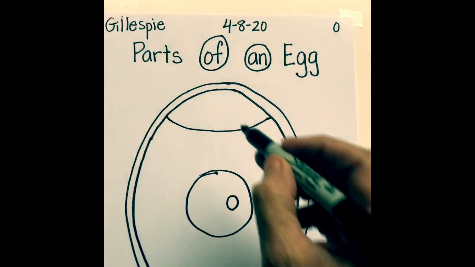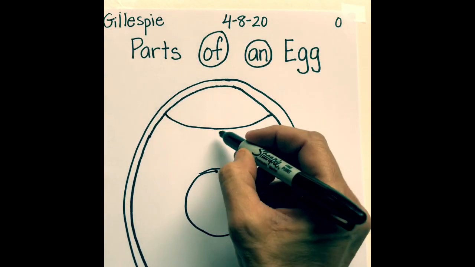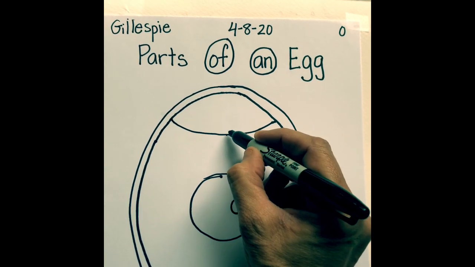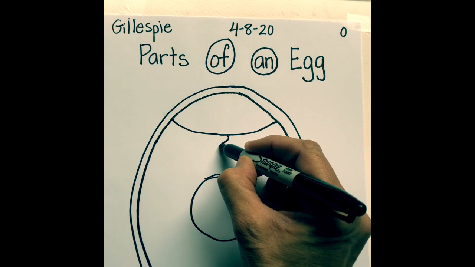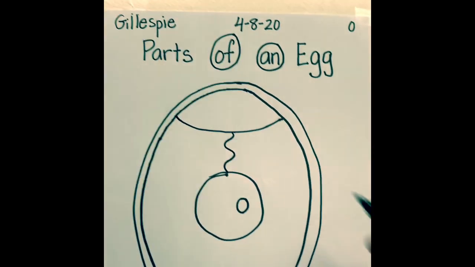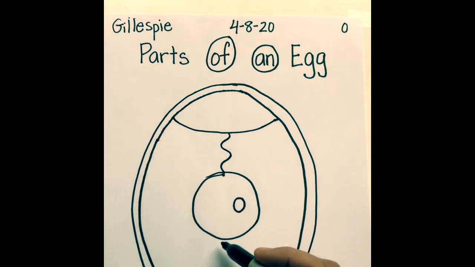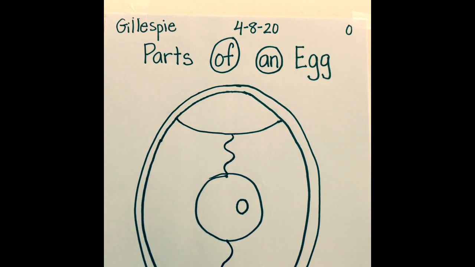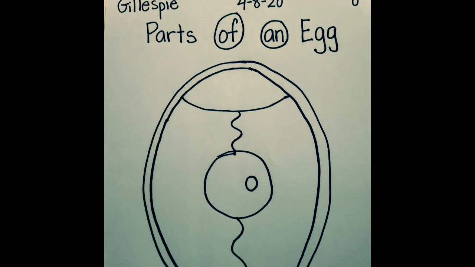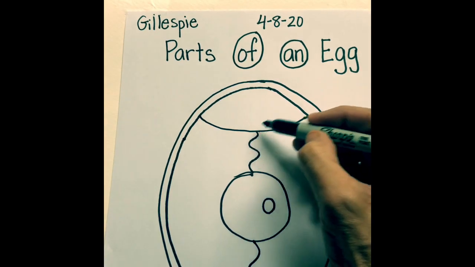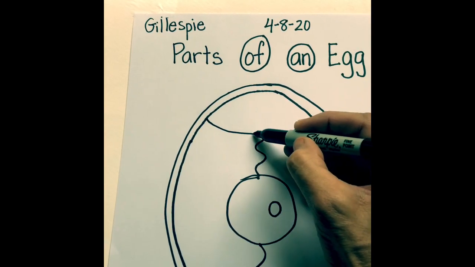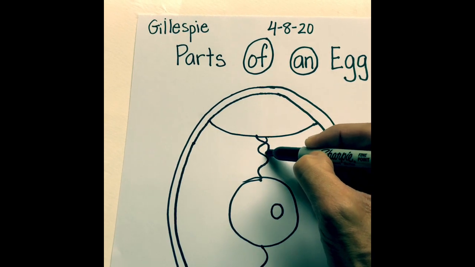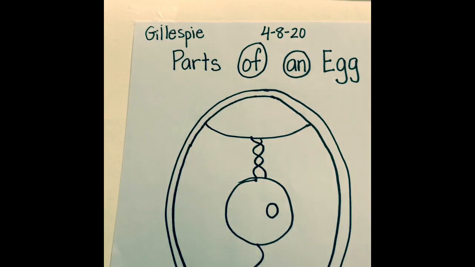So here we're going to use little wavy lines. We're going to start here on this curved line where the air cell is, and make wavy, wavy, wavy, wavy lines. Then we're going to jump over to the bottom of the yolk and do wavy lines to the bottom. Back to the top here, we're going to do another wavy line, but the opposite of what we just did, and connect.